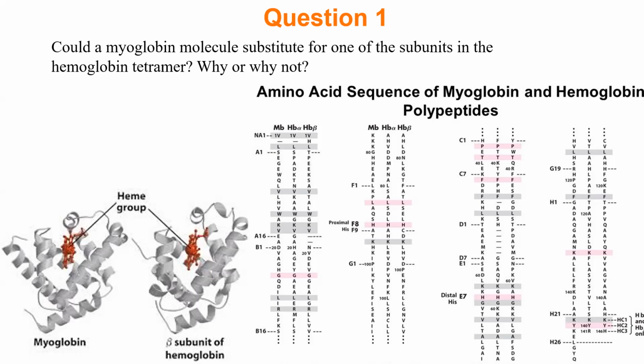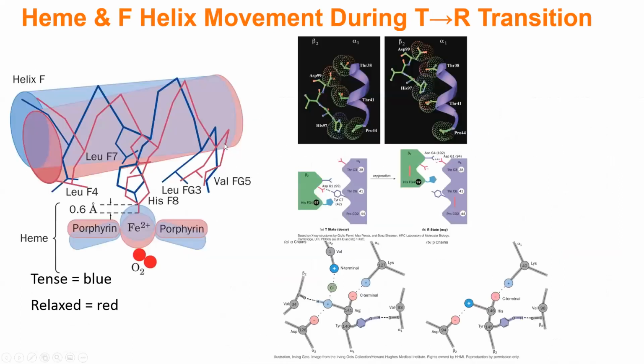So even though they look the same and they have more or less the same function, their charges, the exact amino acids, do matter quite a bit, because if we go back to the previous slide, you see that the amino acids that are interacting between the subunits are very critical.